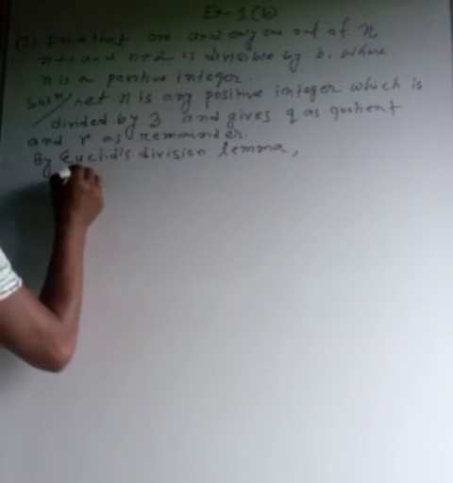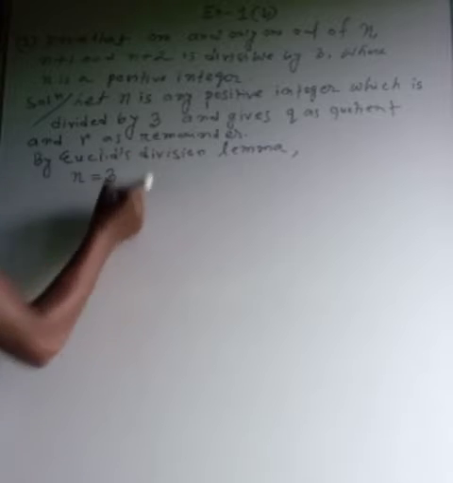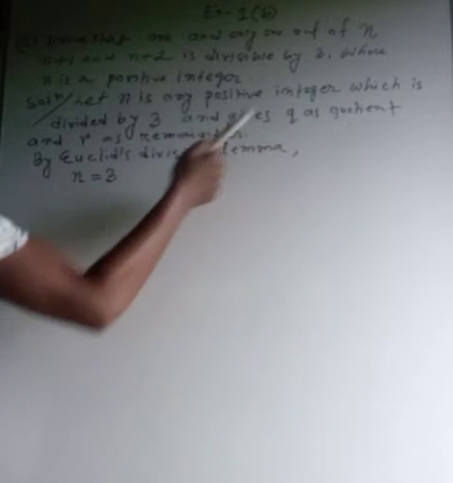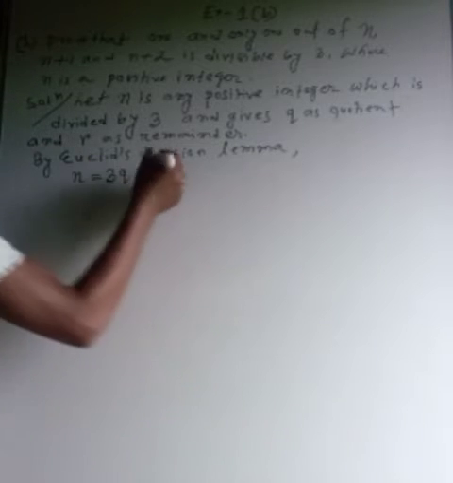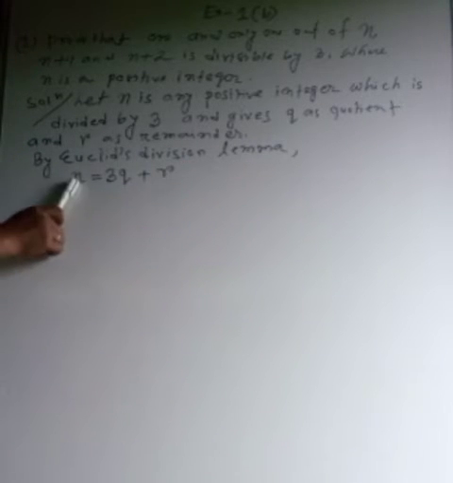So which number do we have to divide? We have to divide n, so n will be the dividend. And by how much do we divide? By 3, so 3 will be the divisor. We have written q as the quotient and r as the remainder. It means dividend equals divisor into quotient plus remainder: n equals 3q plus r.